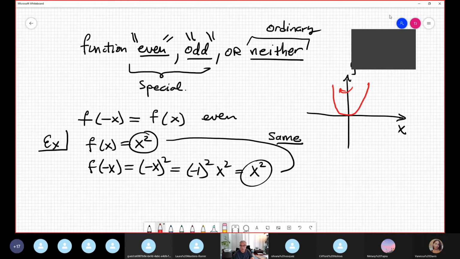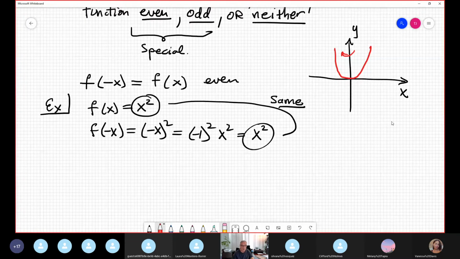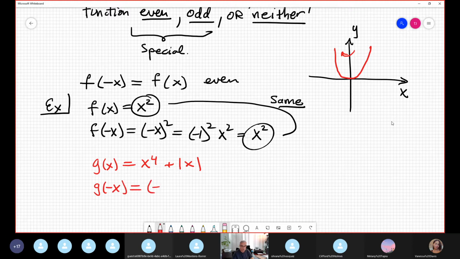So do you understand the idea of an even function? How do you prove algebraically that it's an even function? Let me try another example. Suppose g of x is equal to x to the 4th power plus the absolute value of x. I need to prove whether this is even or not. We do a reflection, which is to replace x with negative x.